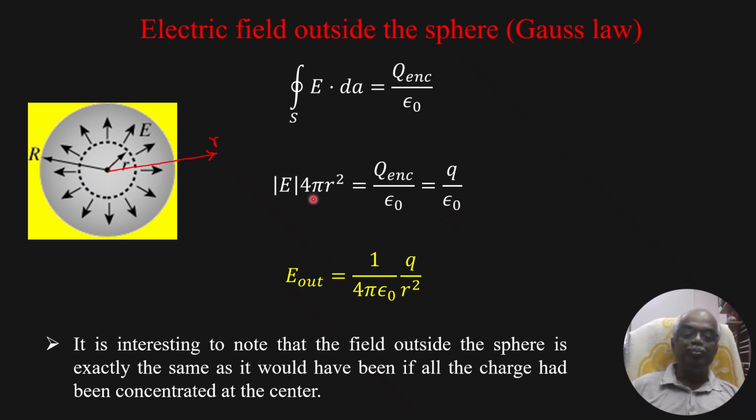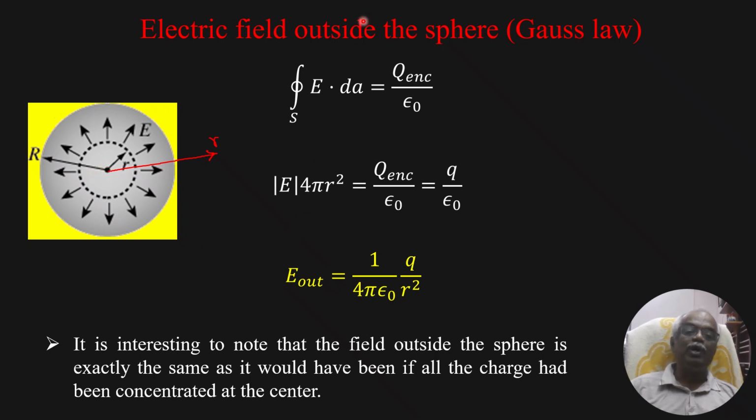Bringing 4 pi r squared to the other side, you get 1 over 4 pi epsilon naught, Q over r squared. It is very interesting to note that the field outside the sphere is exactly the same as it would have been if all the charge had been concentrated at the center. Like the center of mass, this is the center of charge.